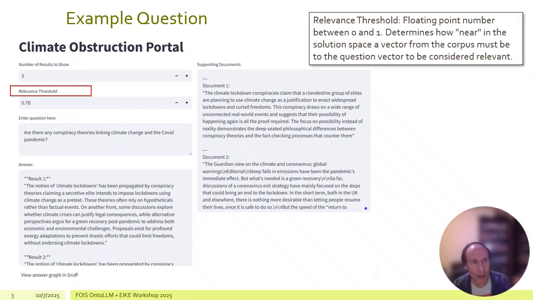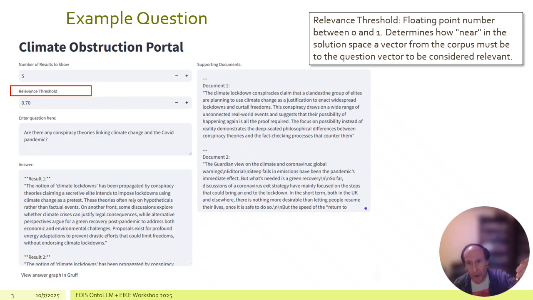The next parameter is the relevance threshold. Remember I was talking about how we use that cosine distance function to compare the vector that gets generated for the question with the existing vectors that we have for our corpus. And we find if there are any in the corpus that are within the relevance threshold. So this relevance threshold has to be a floating point number greater than 0 and less than 1.